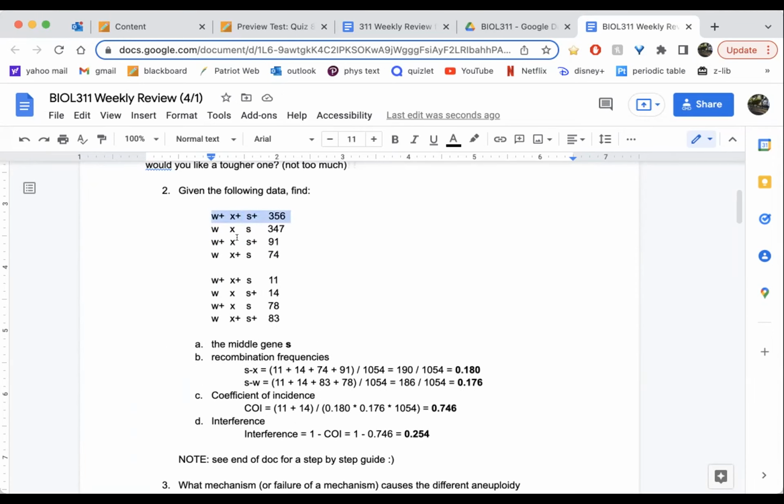Instead of X plus S plus, it's XS plus. That tells us there was crossing over between S and X because those two were different from our parent. And when you look at 74 and both of our parents, it looks most like our 374 because we have W and W and S and S.